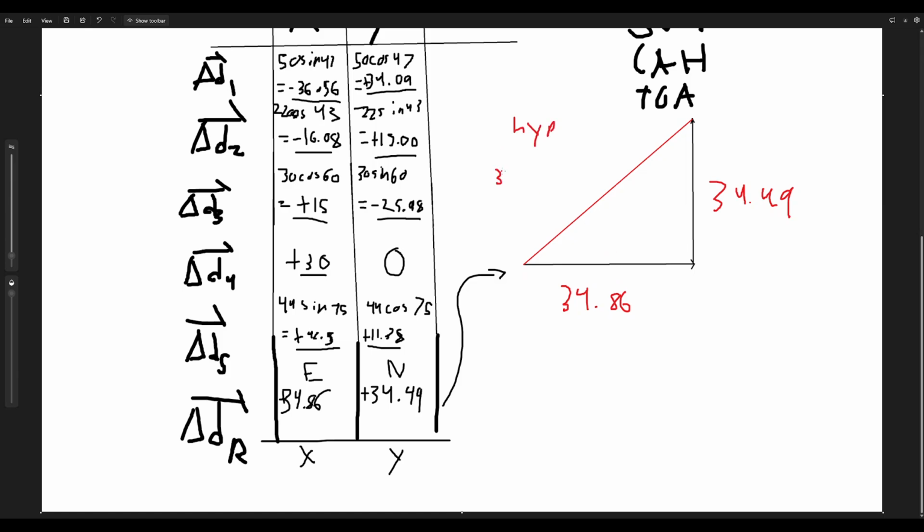So in this case we can do 34.86 squared plus 34.49 squared and root whatever answer we get from that. If we put this in our calculator, we get 49.03. We're not going to round yet until the final answer, so we can follow significant digits. So this is the magnitude.